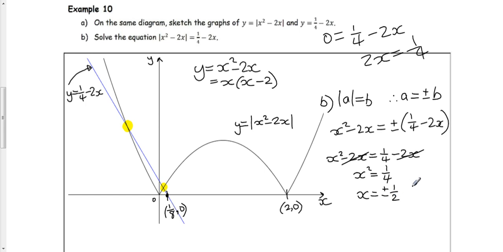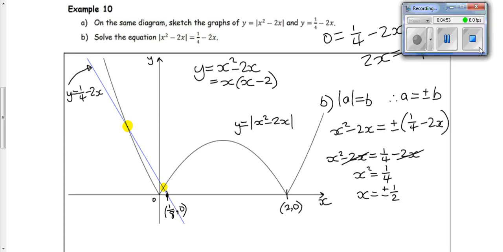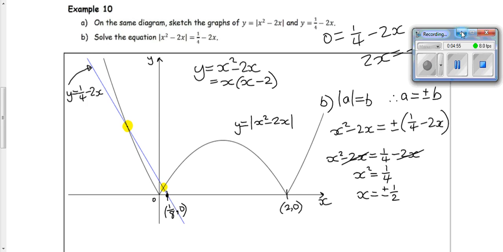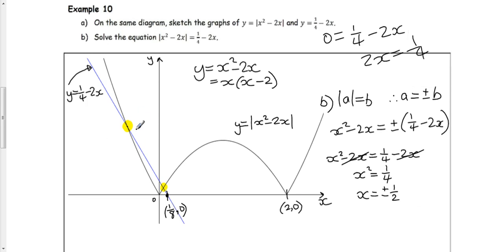Now two solutions there. Looking at the diagram, could we have already found both answers to the question in part B? Well, the one on the left, looking at the graph, this solution where we know x is definitely negative, could be minus a half. At the moment, we can't be sure, but we can be sure about the other one.